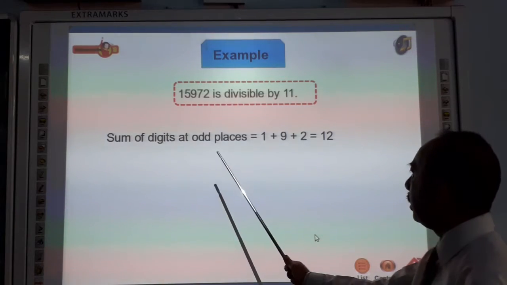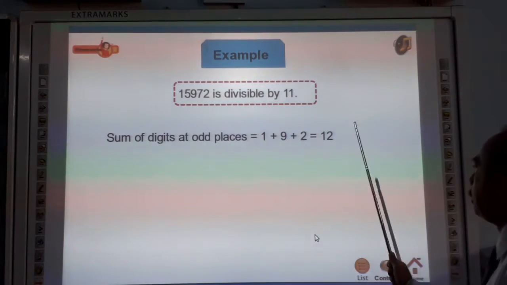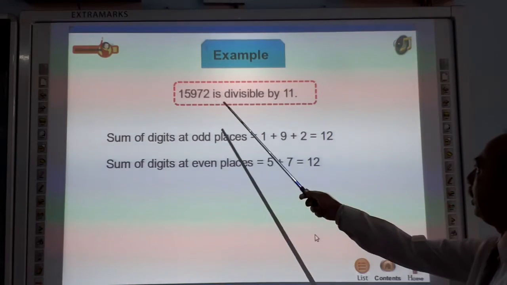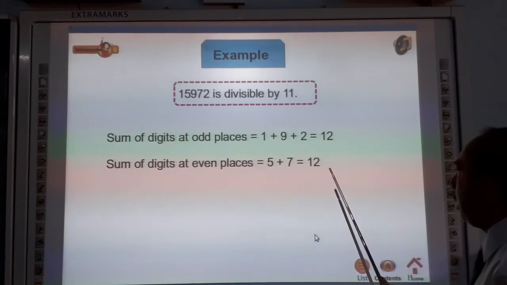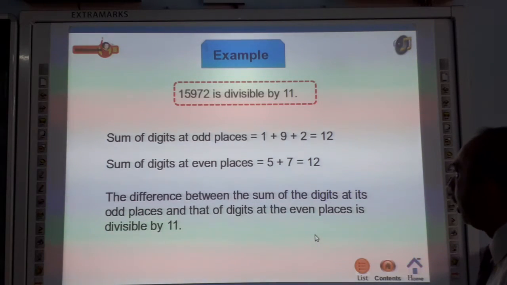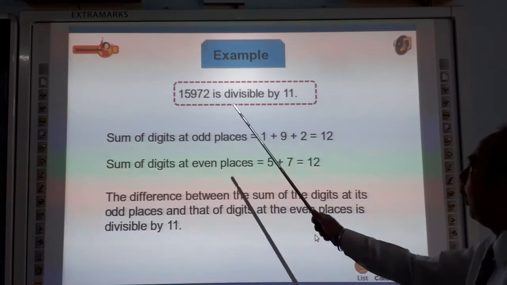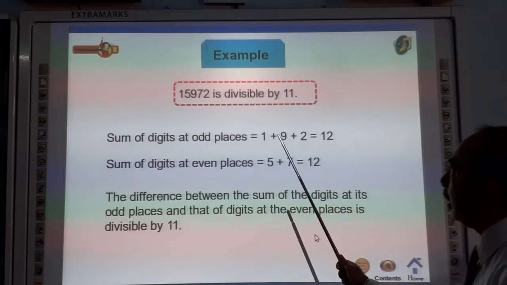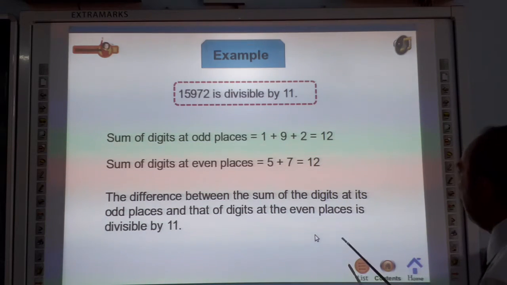So the sum of the digits at odd places is 2 plus 9 plus 1, which is 12. Then the leftover digits are at even places, which are 5 plus 7, and their sum is also 12, and the difference is 0, 12 minus 12 is 0, and therefore the number 15,972 is divisible by 11.